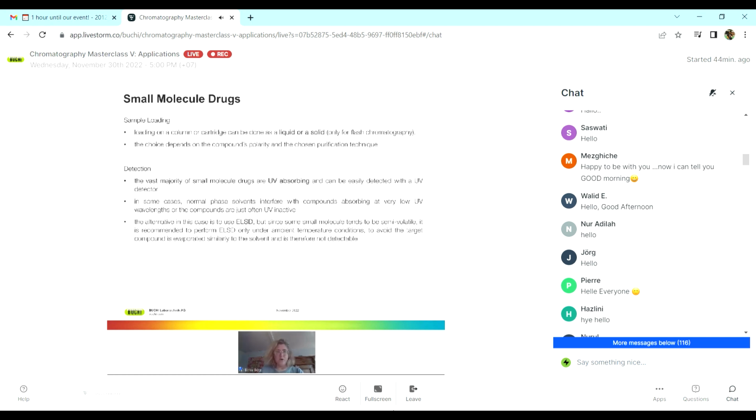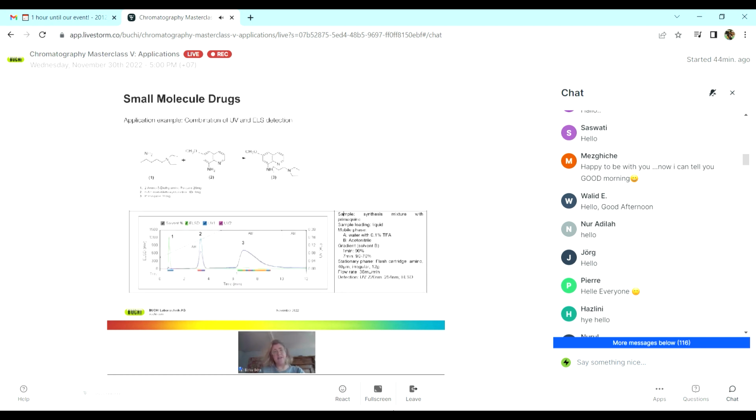Okay, so that's it for the detection, and then we come to some application examples. Here we have the combination of UV and ELSD. These are three compounds, let's say from the synthesis: the starting material and the final product, which has been purified here.